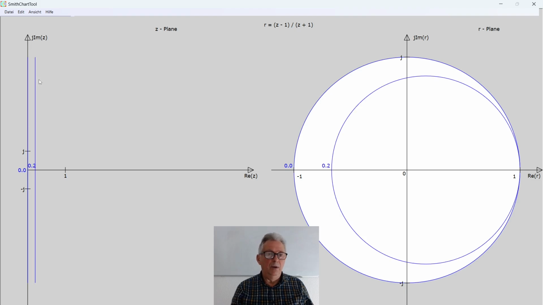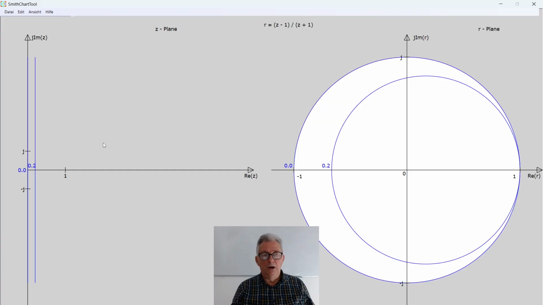So here I mapped, for example, the whole line with a normalized real part of 0.2. And this is mapped into the unit circle onto this circle here. You will see that a line is always mapped into a circle, where we can say a circle or a straight line is nothing else but a circle with an infinite radius.